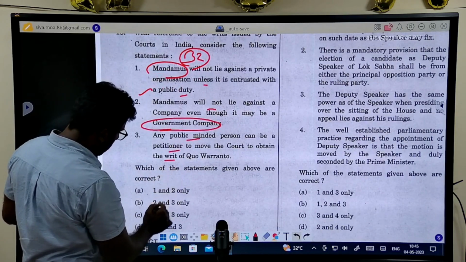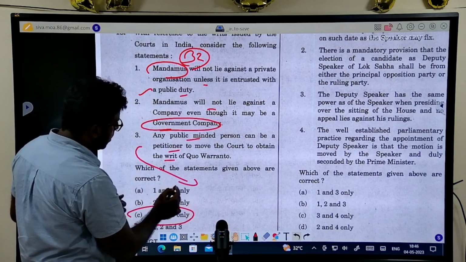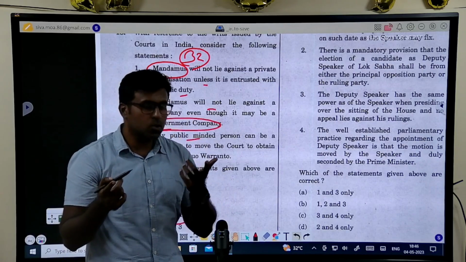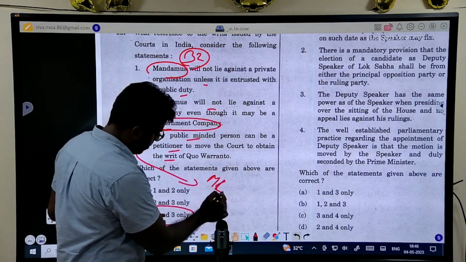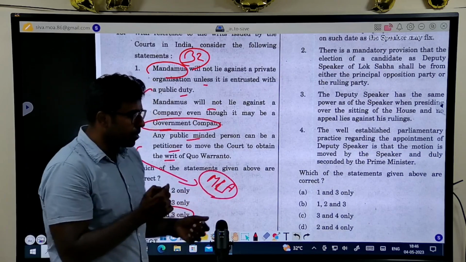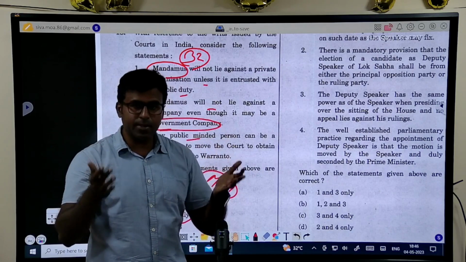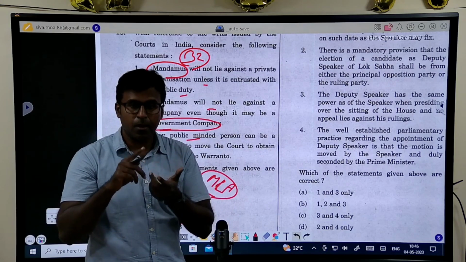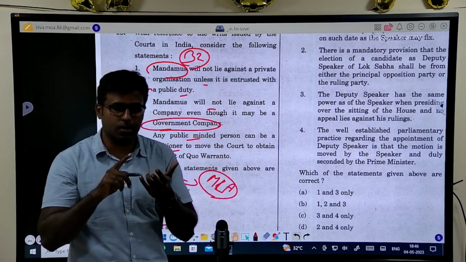This is true, right? For example, quo warranto means under what authority or under what warrant. Let us assume that there is an MLA who has been elected. Maybe you, as the public, think that this person has declared assets wrongly, or the declaration is wrong.